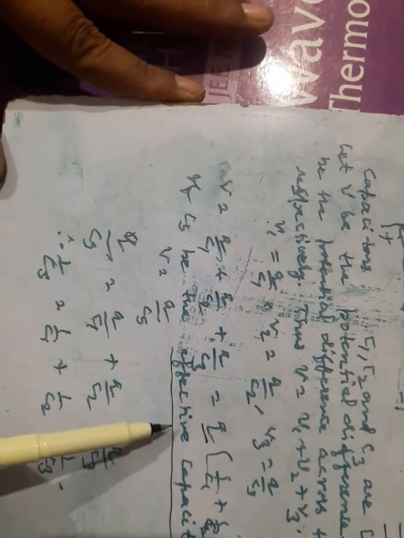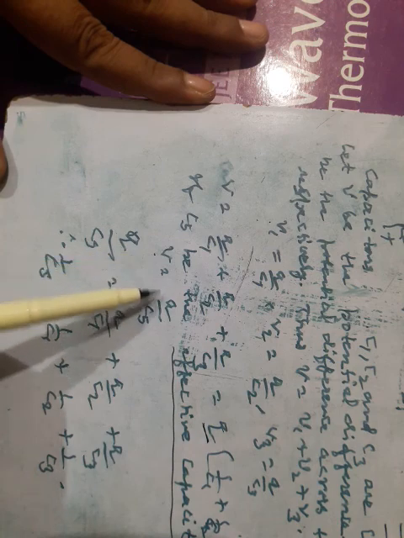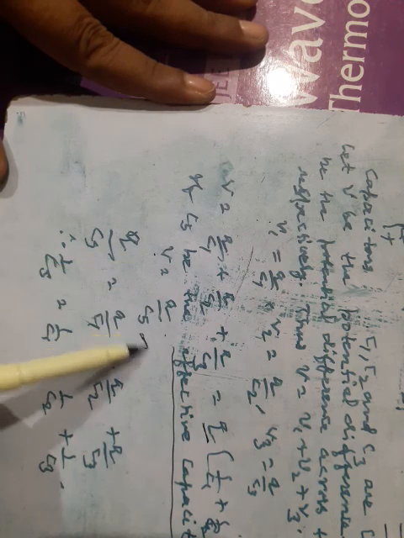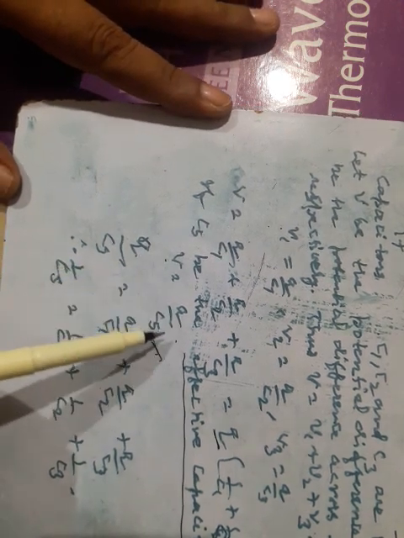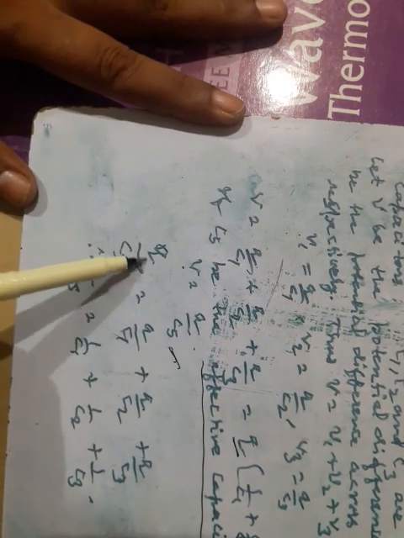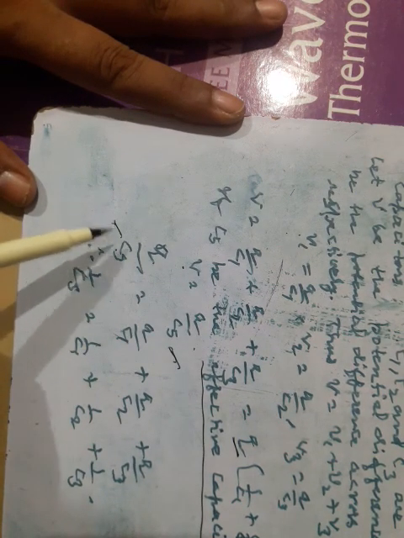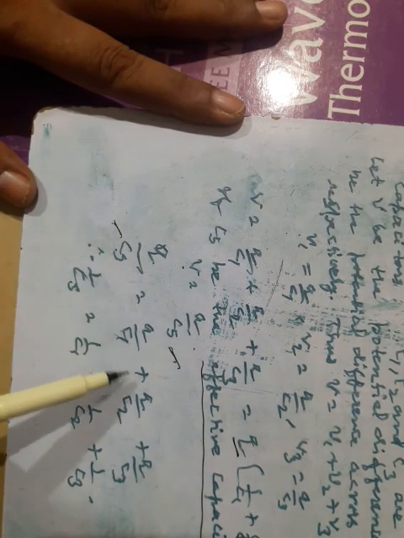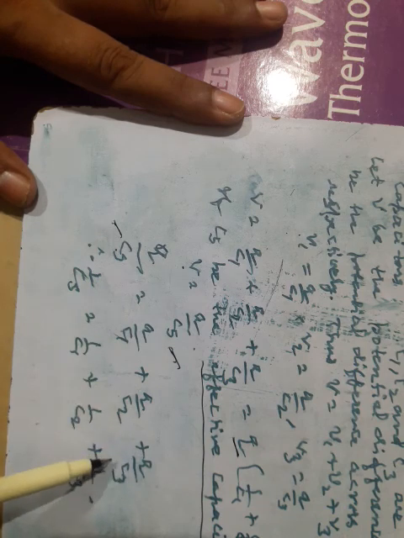Okay, if CS be the effective capacitance, then V is equal to also Q by CS. Okay, you know V is equal to Q by C. So Q by CS, effective capacitance, Q by C1 plus Q by C2 plus Q by C3.